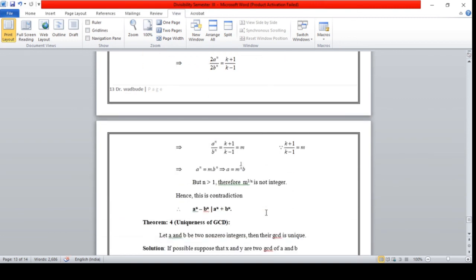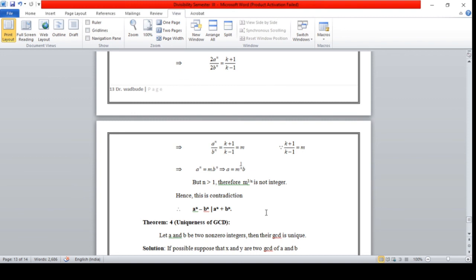This implies 2 cancel, a raised to the power n upon b raised to the power n is equal to k plus 1 upon k minus 1. K is an integer, k plus 1 is an integer, k minus 1 is an integer, means it is equal to m, an integer. This implies a raised to the power n is equal to m into b raised to the power n.